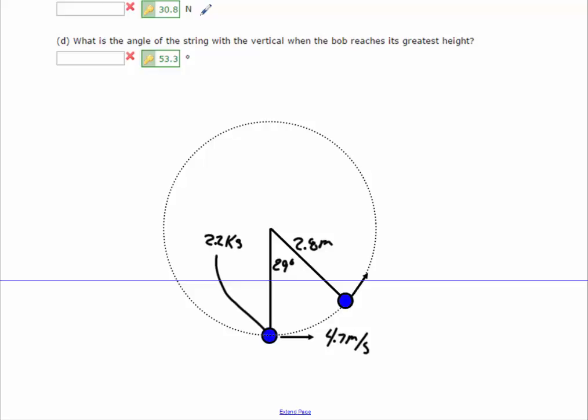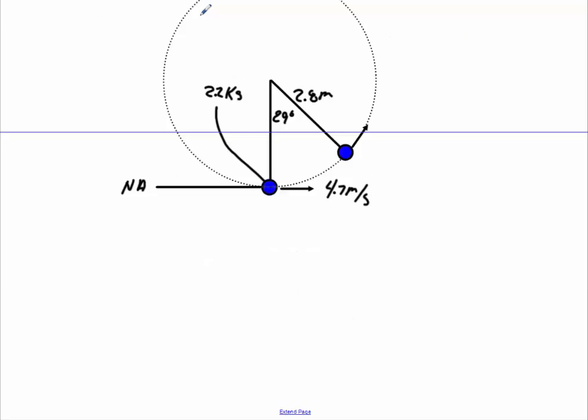What I like to do is draw a horizontal line here. I'm going to take all my gravitational potential relative to this point, so I'll let this be my neutral axis. Now we'll write our equations, and we can say this will be position 1 and this will be position 2.